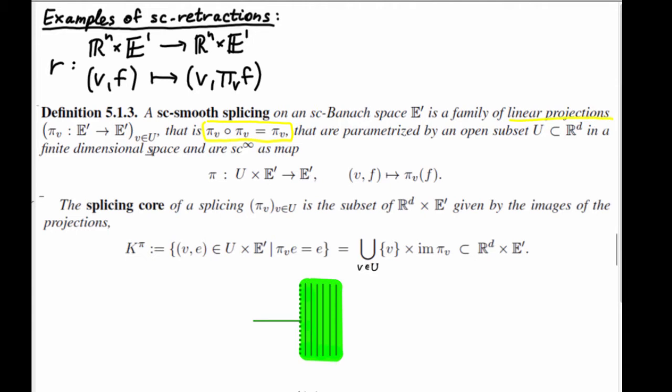They're linear projections, and the key is that I asked this map to be scale smooth, which means I'm asking this projection to be pointwise scale smooth. What I'm not asking is for v mapping to pi v to even be continuous as a map from U to linear operators on E prime.